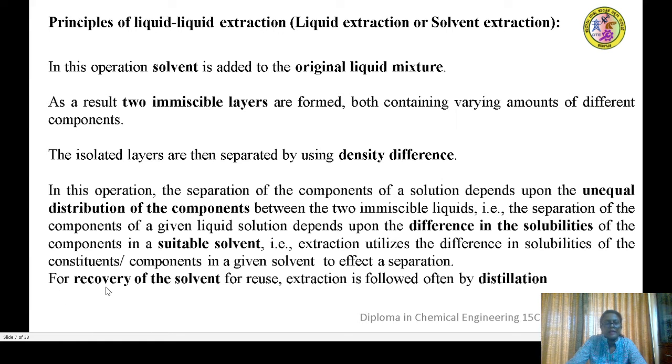So we can easily recover the solvent from the resulting layers using distillation again. That means the extraction operation is not a single step operation; it involves many steps, and the final step is recovery of the solvent, which is again done by distillation.